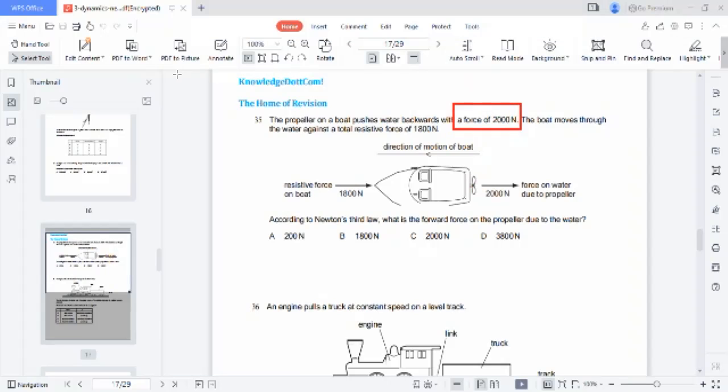The boat moves through water against a total resistive force, which is 1800 newtons. The propeller is acting in this direction. According to Newton's third law, what is the forward force of the propeller due to water?